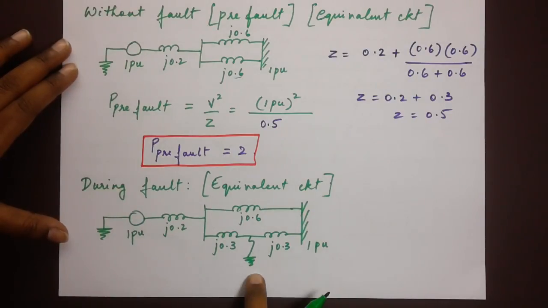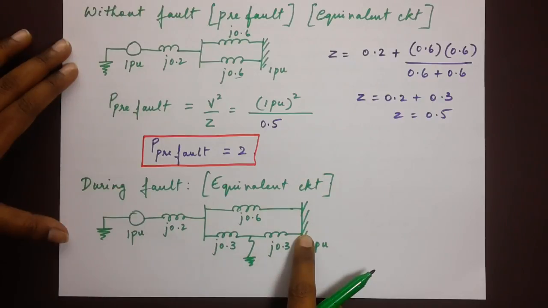Now we have a few things to do. This is in the form of delta. So first we have to convert it into star form, a star connection, and then convert it back into delta in order to form a pi connection. We'll do it step by step.